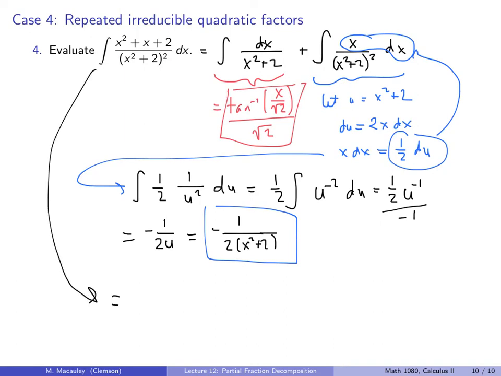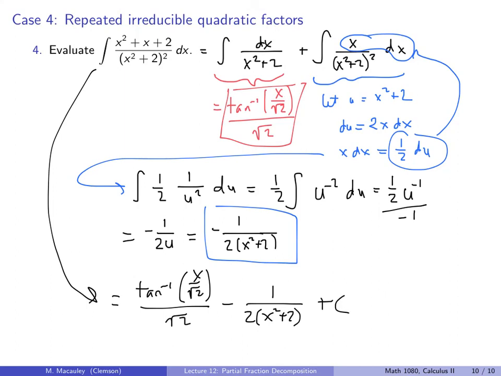So it is inverse tangent of x over root 2, all over root 2, minus, let's keep it like we did before, 1 over 2 times x squared plus 2, plus c, and that is our final answer. So now that we have done this case 4, you should be able to solve literally any partial fraction decomposition.